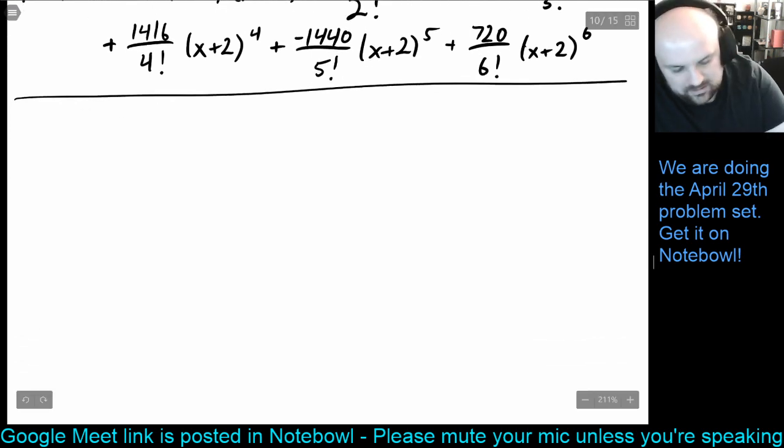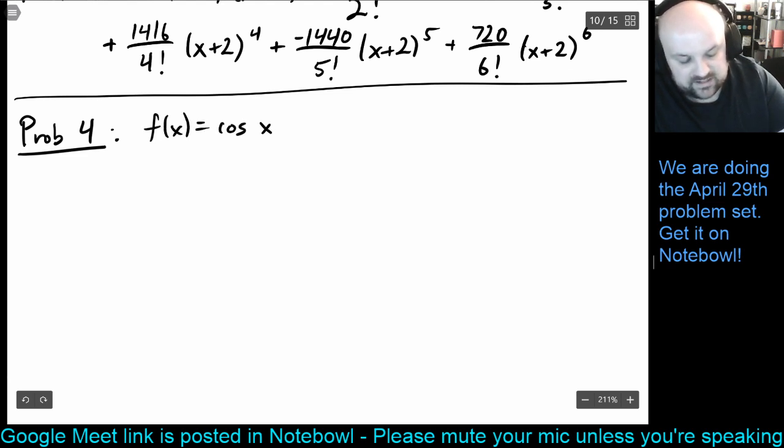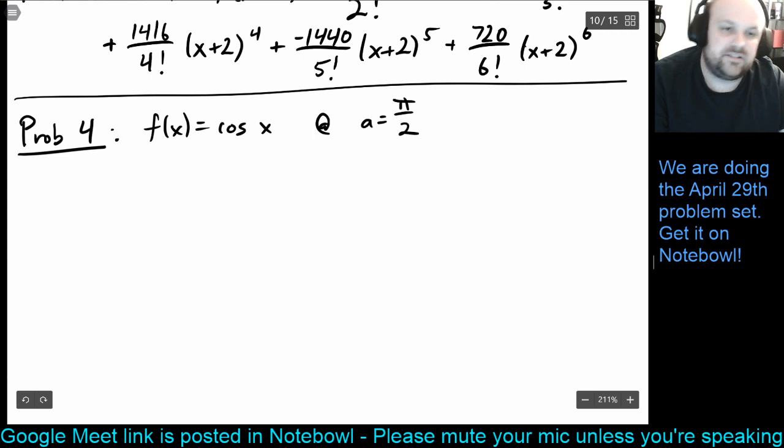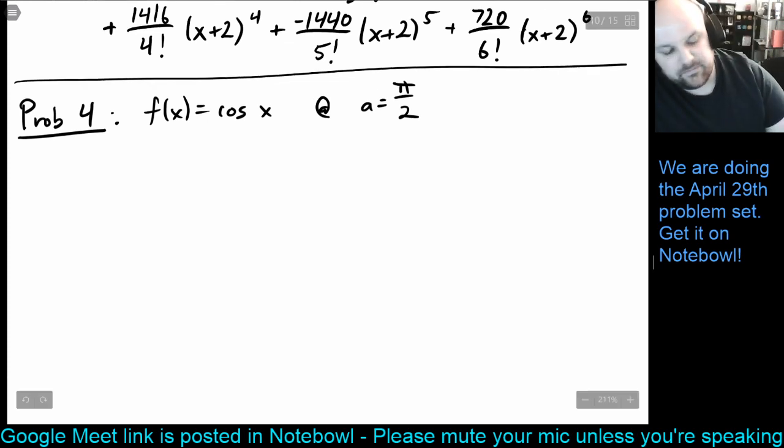Anyway, let's look at problem 4. We want to find a Taylor series for cosine of x centered at pi over 2. Cosine is better centered at 0, but let's do it at pi over 2 and see what happens.